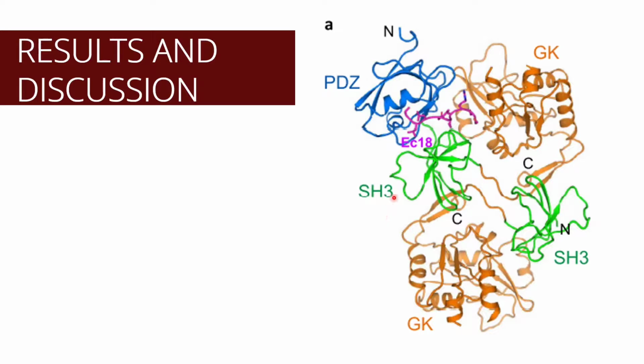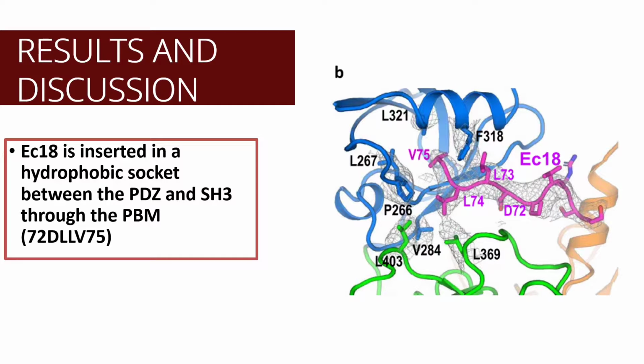Zooming in, we can see that the EC18 is interacting with the PDZ domain, the blue one, and the SH3 domain, the green one, through the DLLV motif. See here, this is the D, the L, the other L, and the V. This is inserted in a hydrophobic socket in between the two said domains.